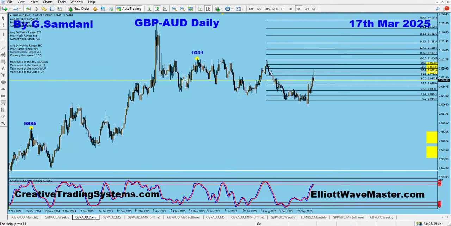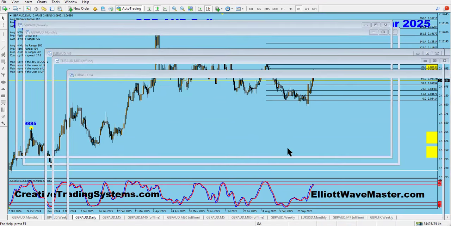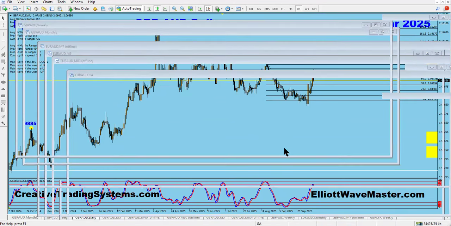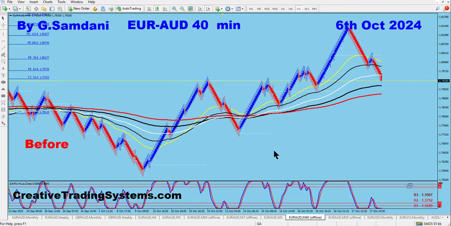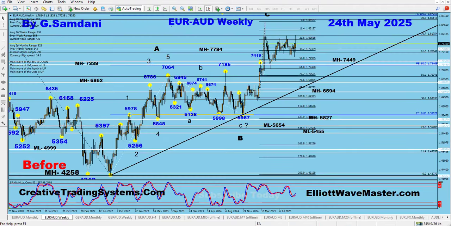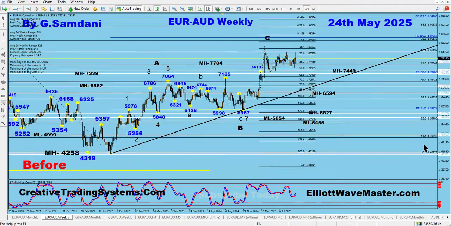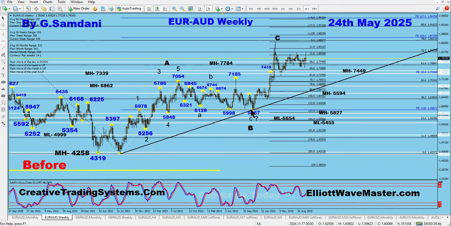But let's take a look at the weekly chart of Euro Aussie. What the heck happened there? Now, weekly chart here, Euro Aussie is like this, right? From the look of it, you can see that this is like a sideways correction, basically. It's like this is 1, 2, 3, or this is A, this is like B maybe, right?